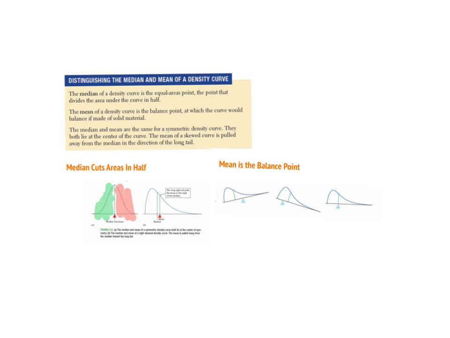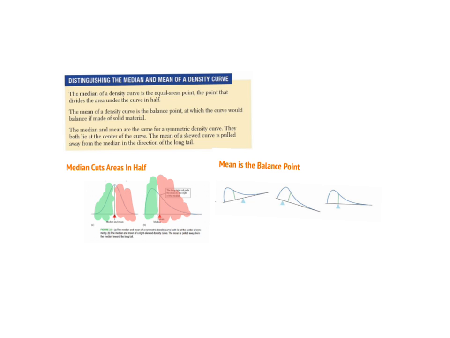So 50% of the data will be in the green, 50% in the red. Even in a skewed graph, I know that 50% of the data is going to be on one side of the median, and 50% on the other side, underneath the curve.